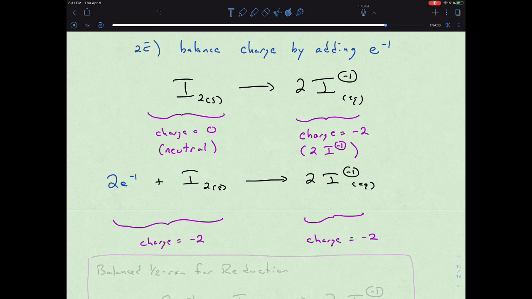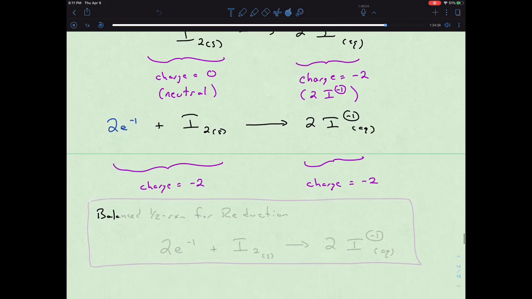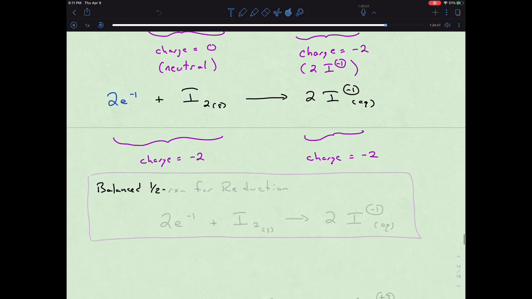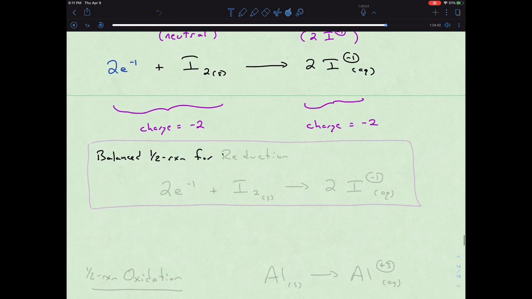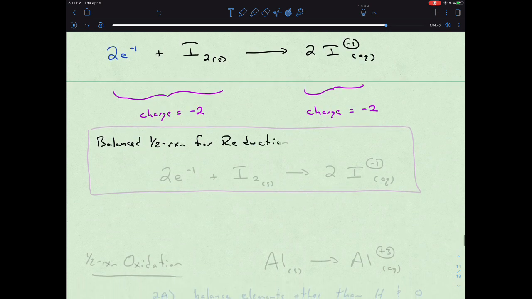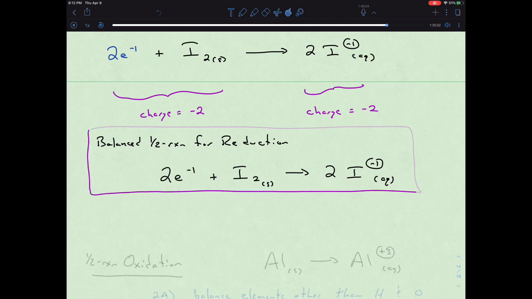And so here is my balanced half reaction for reduction, where I have 2 electrons plus my iodine produces 2 iodides. So that was the balancing of the half reaction for reduction.